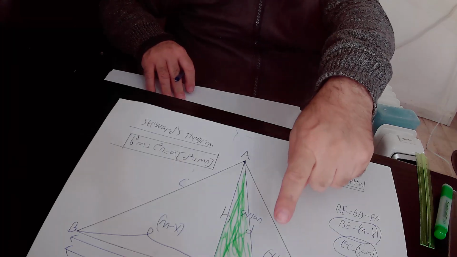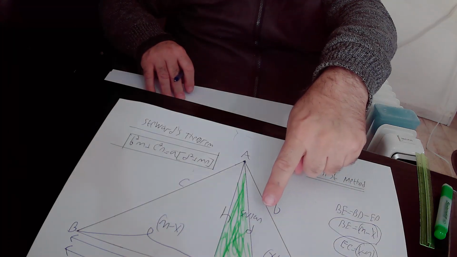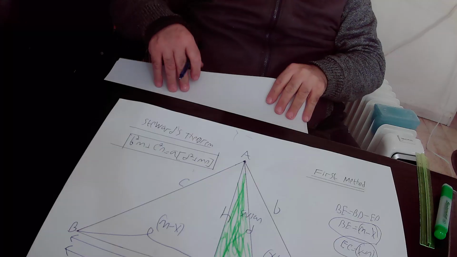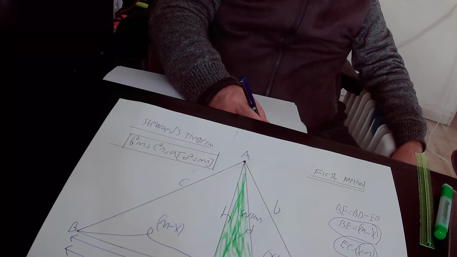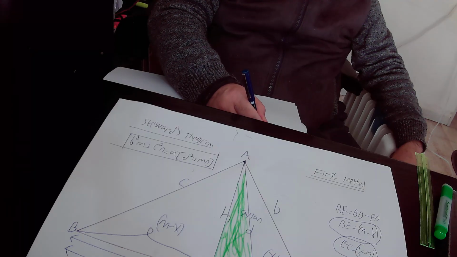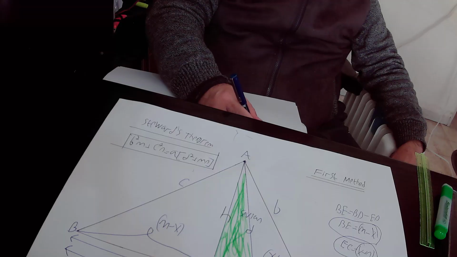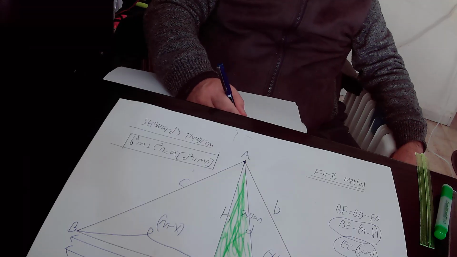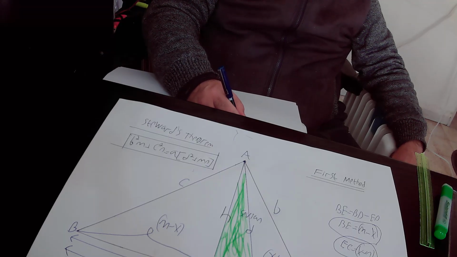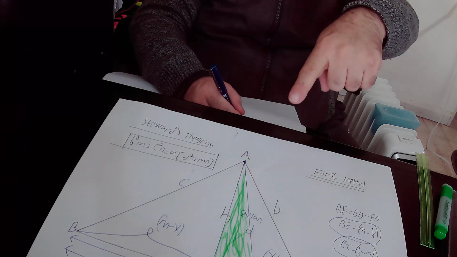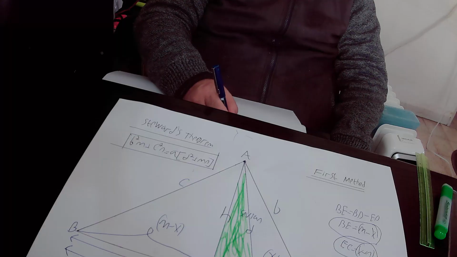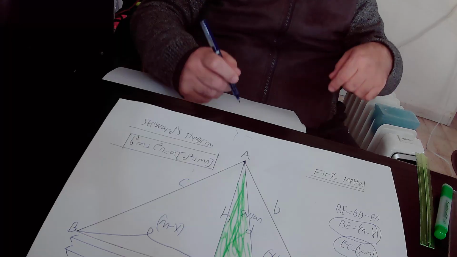The hypotenuse AD equals D units in its length, therefore AD squared is D squared, and it is equal to AE squared. AE equals H units in its length, therefore AE squared equals H squared plus ED squared.